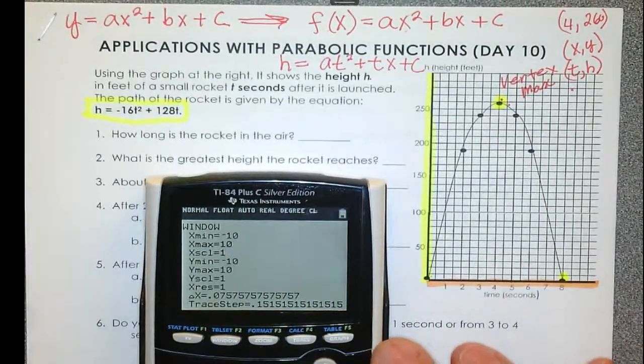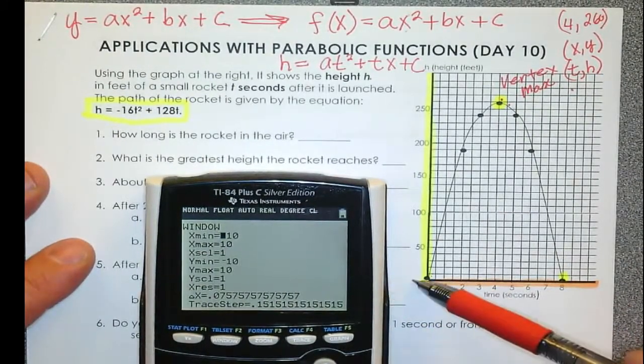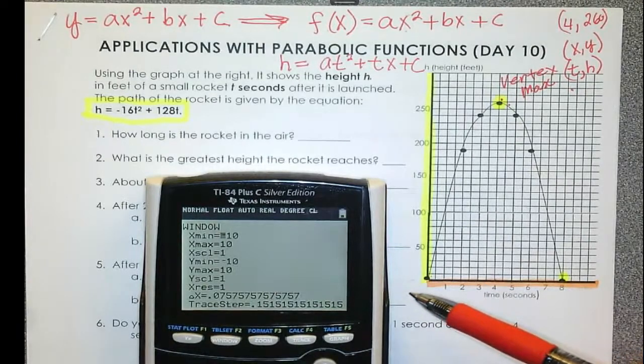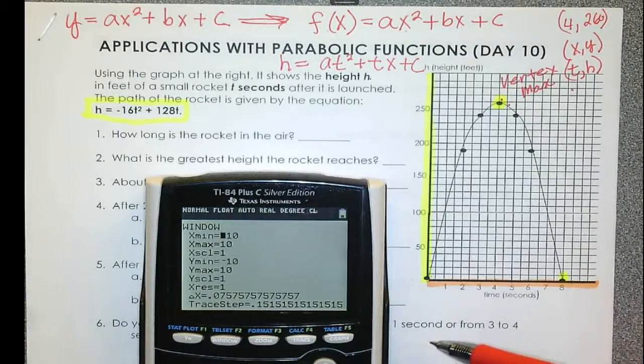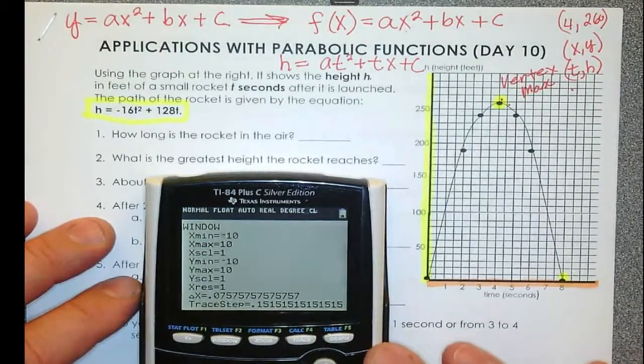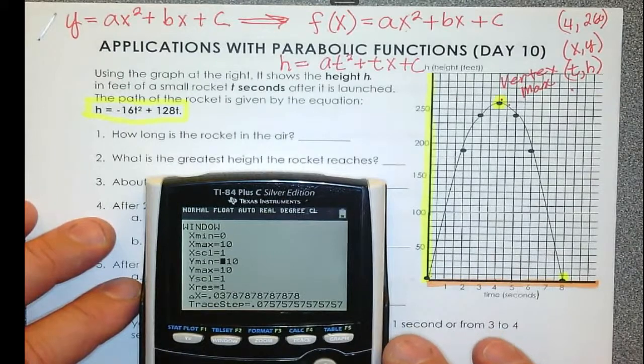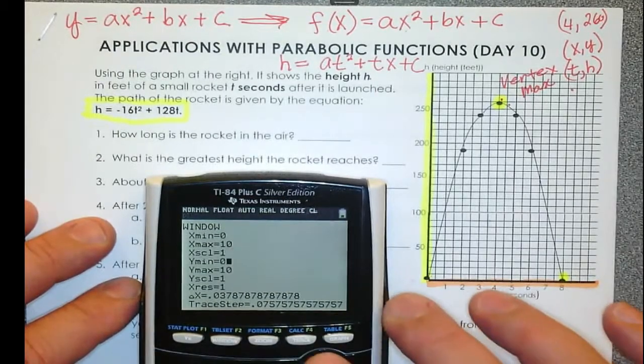If I'm throwing a ball or something, I really don't care about negative x. The ball's not going to go negative time, nor negative height. So I'm going to take my negatives out of my x-axis and put 0 in there. And my y minimum, I don't care about negatives either, because it's not going to go in the ground. So I'm going to put a 0 there.